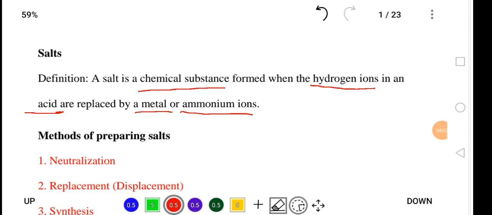What do you need to understand? Why are we involving ammonium ions in this definition of a salt?